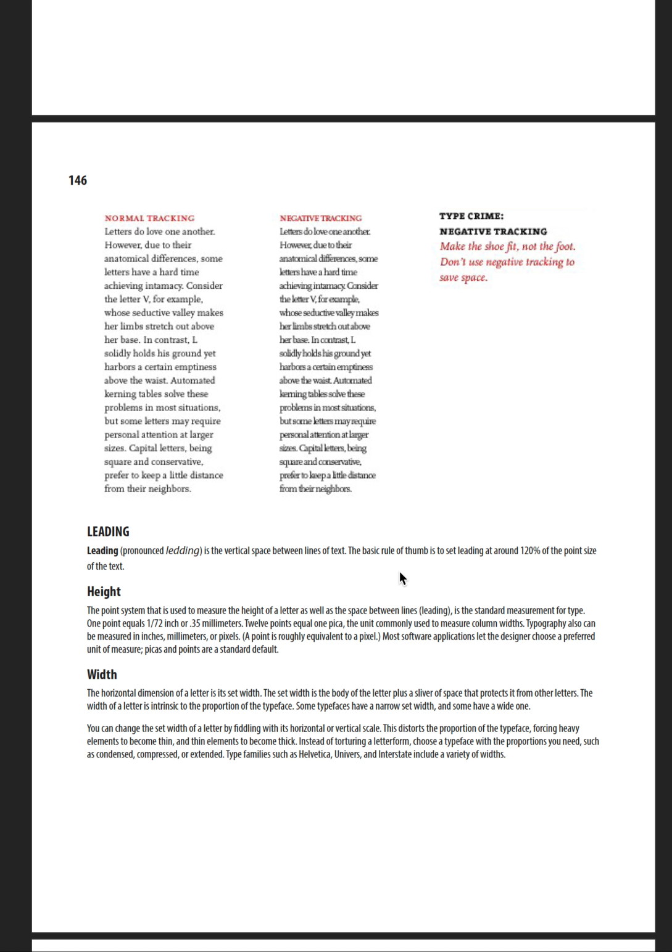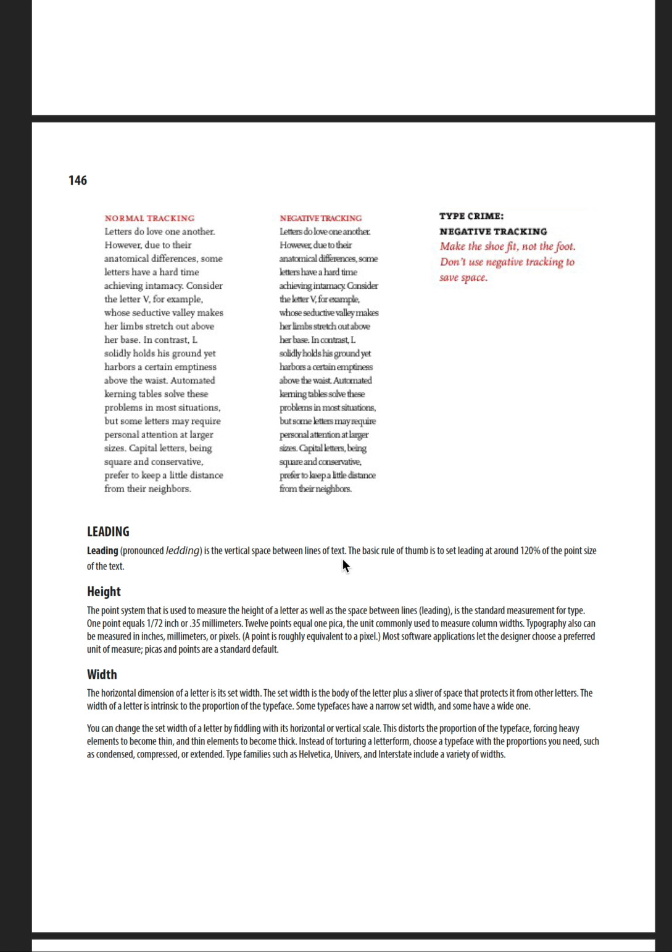Leading is our next spacing terminology, but in the case of leading, you're talking about the amount of spacing between lines of text. And leading dates back to the way type was originally set, starting with Gutenberg in about 1450. So we're talking about individual strips of lead that were put between the lines of type.